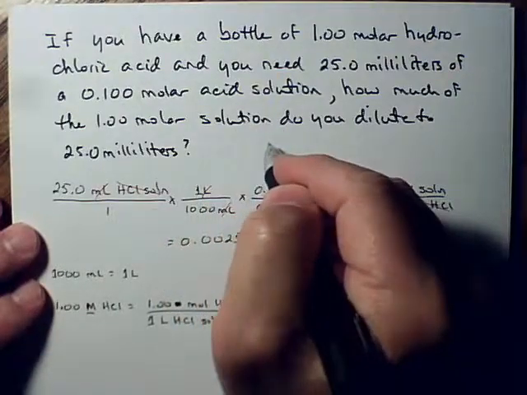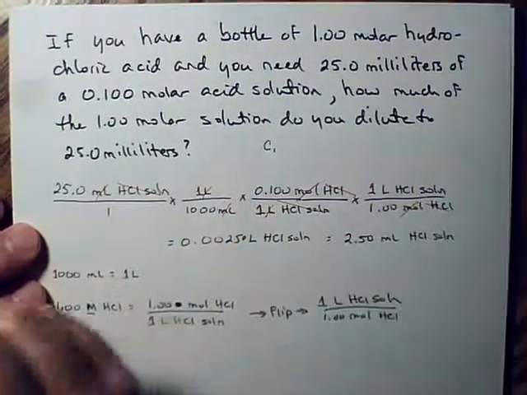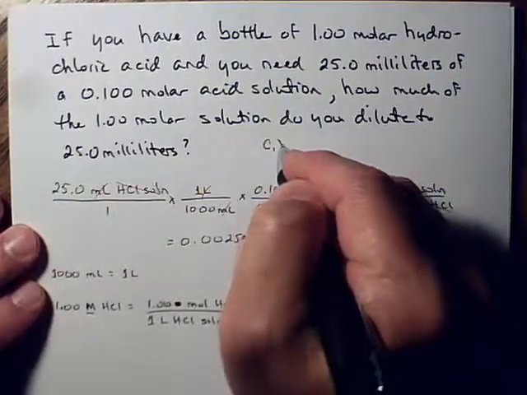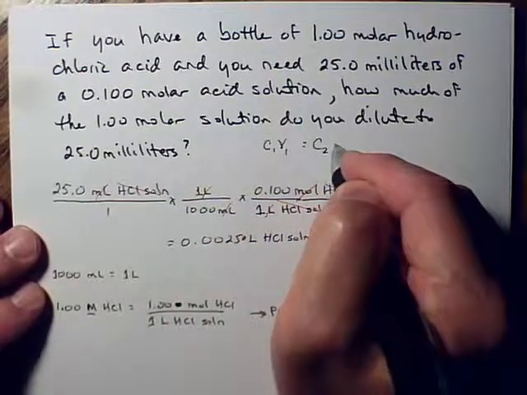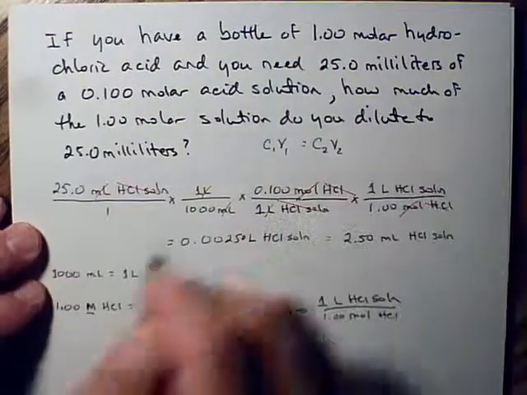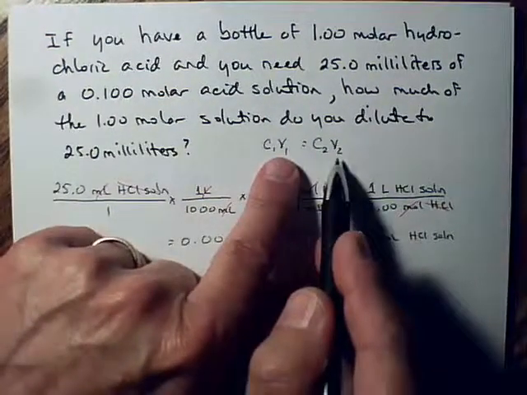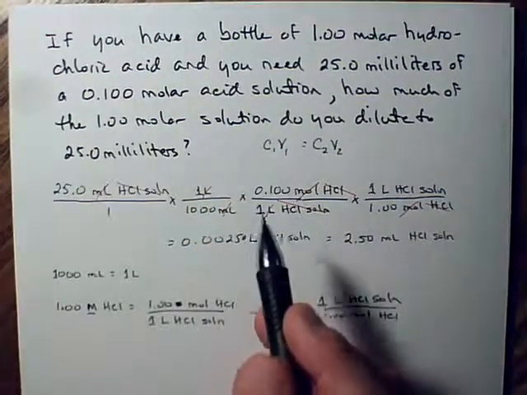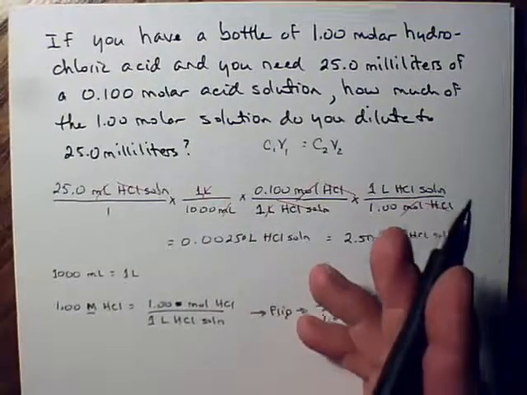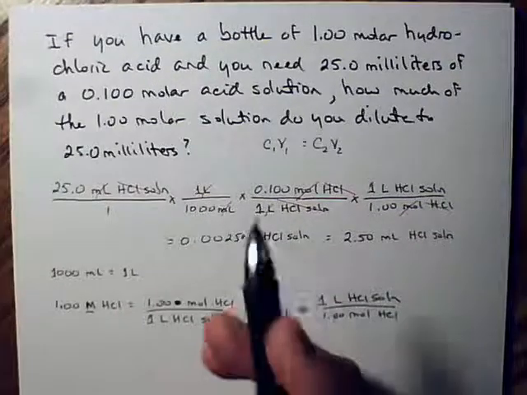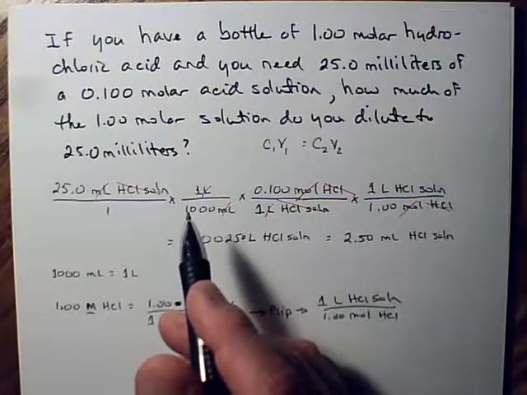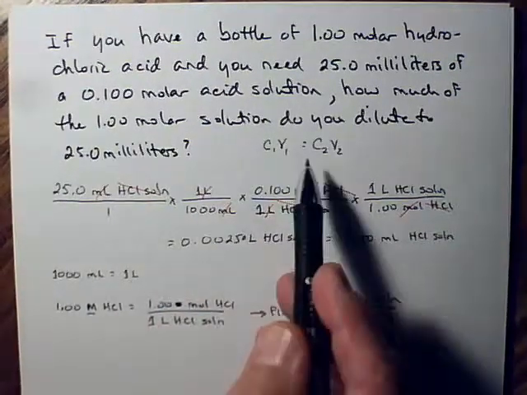But the shortcut is molar concentration times any kind of volume equals the second molar concentration times that volume, as long as all the units match up. The volume units have to match, and this has to be a molar concentration. And that's the problem. You've got to know where it fits, okay? If you don't know how to make it fit, you won't be able to use it correctly. And there's a lot of caveats to using this.